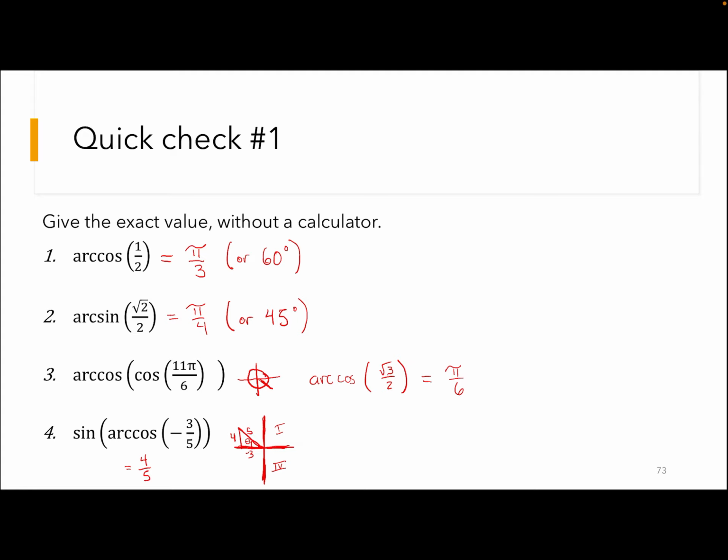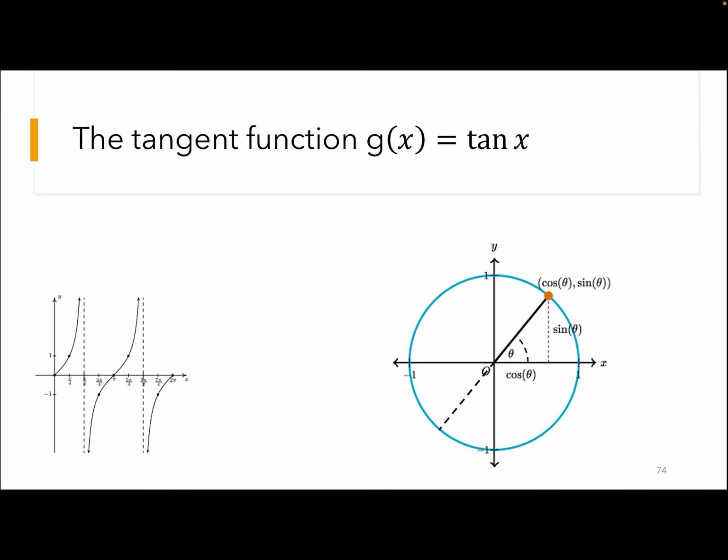Now, if we change our restrictions, which we'll see in a later slide, we could also get this angle that's in quadrant 3, but we'll talk about that. So in this case, it's going to be 4 over 5, because if cosine is negative, that means that the angle is in quadrant 2, and then that means the sine is going to be positive. So that means using the reference angle, we're going to use what's in quadrant 1, which will give us positive 4 over 5.